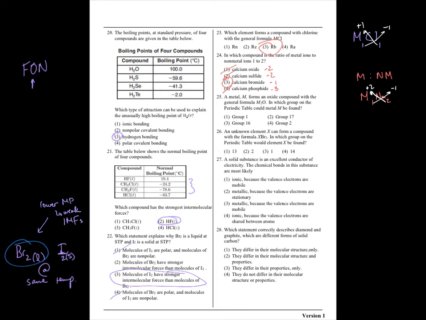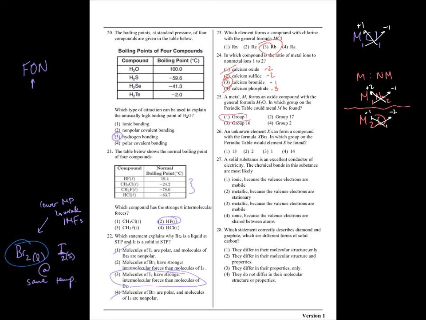Those are tricky ones. Number 25, a metal forms an oxide compound with the general formula M2O. In which group on the periodic table could metal M be found? All right, so here we have imaginary subscripts, crisscross them back. +1, -2. Oxygen, of course, is -2, so +1. So those are all in group 1.